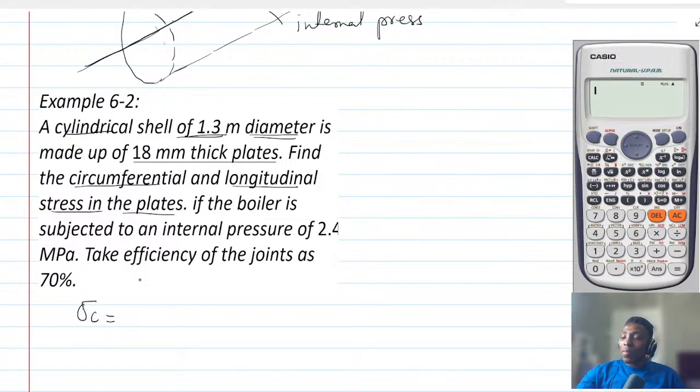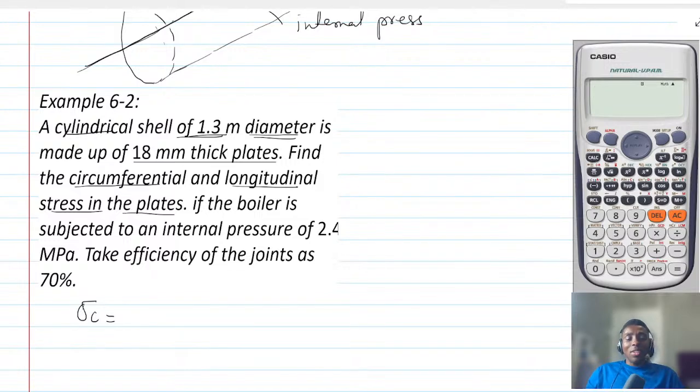Like I said, the formulas are obvious, but there is always this thing that I want to tell you.